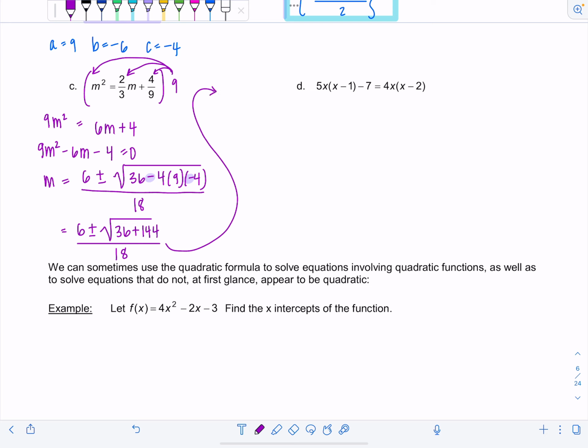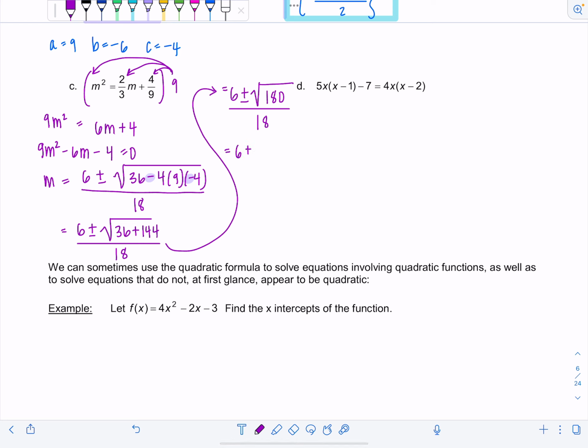Okay, then from here we've got 6 plus or minus square root 36 plus 144, that's 180, and this is all over 18. So let's see, what's the largest perfect square that divides into 180? It's 36. 36 times 5 is 180.